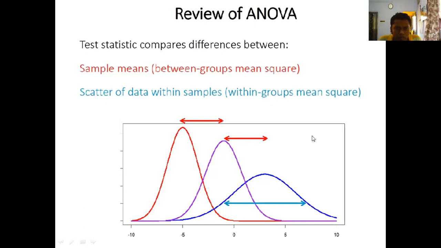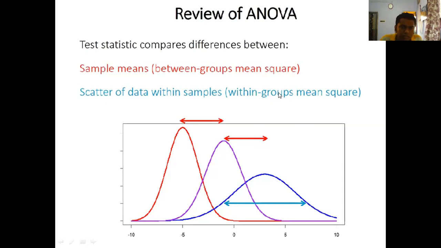So the question here is, why would we like to compare the variances when we are actually trying to compare the means?